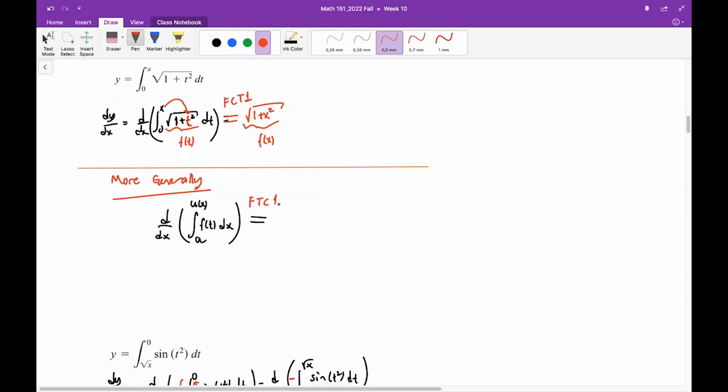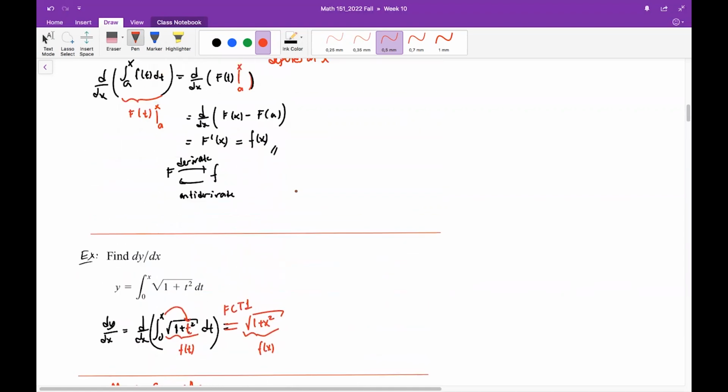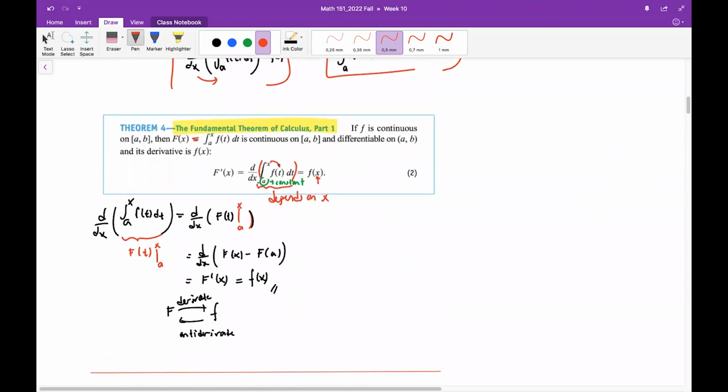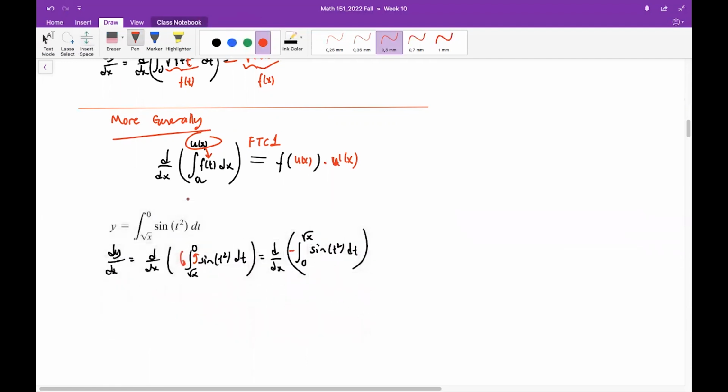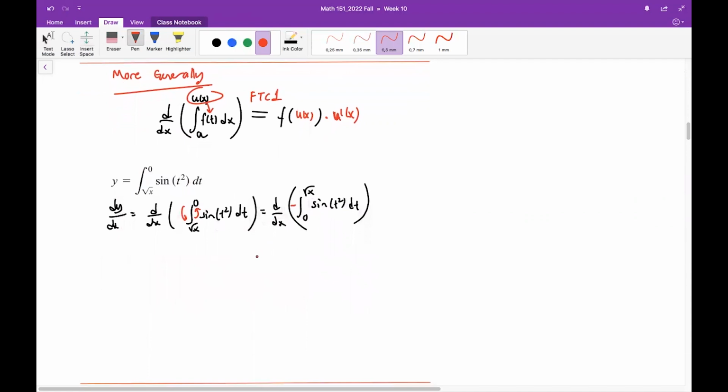You can still apply it. Fundamental theorem of calculus part 1. You do the same thing, okay? You insert whatever you see here into your function. Remember, that was our strategy. We are inserting x to here so that the result is not depending on t, but depending on x. Okay, so we will do the same here too. We will insert u of x inside our function, and according to chain rule, then you have to multiply with the derivative of the u function. Okay, this is the general version of fundamental theorem of calculus part 1, which we will apply here.